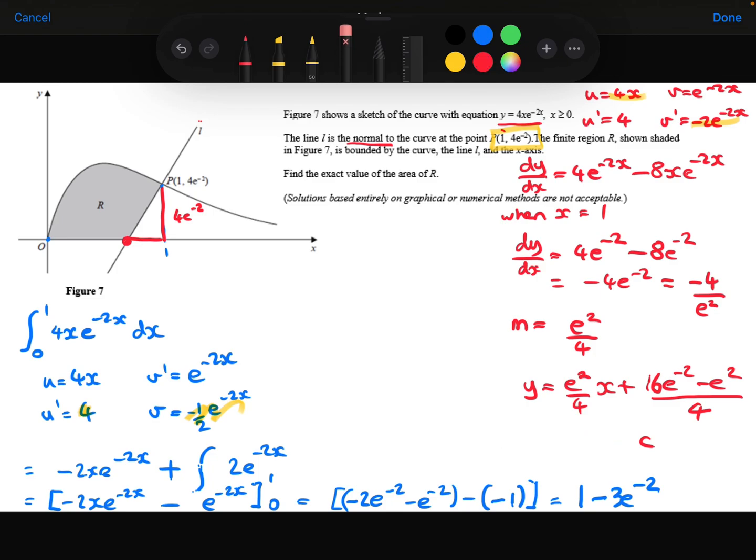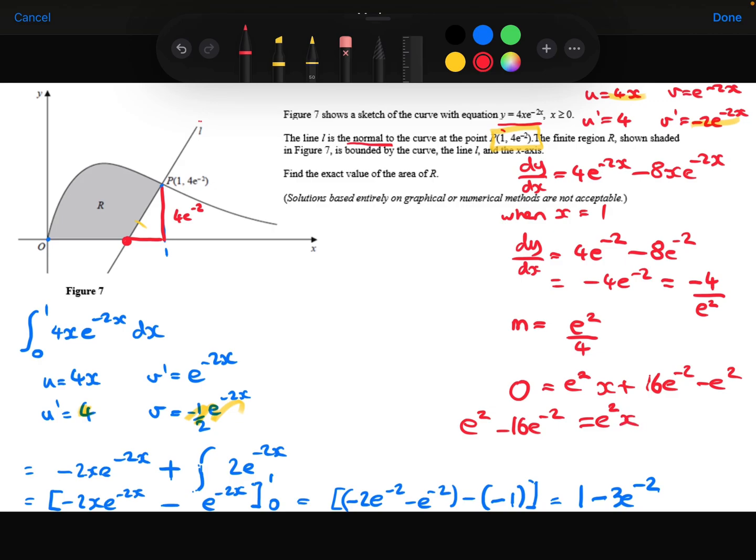So I can now use this to work out this coordinate here, which I know is when y is equal to 0. So if I make my y 0 here, times both sides by 4 to get rid of those fractions. Let me add the e squared and subtract the 16e to the minus 2 from both sides.